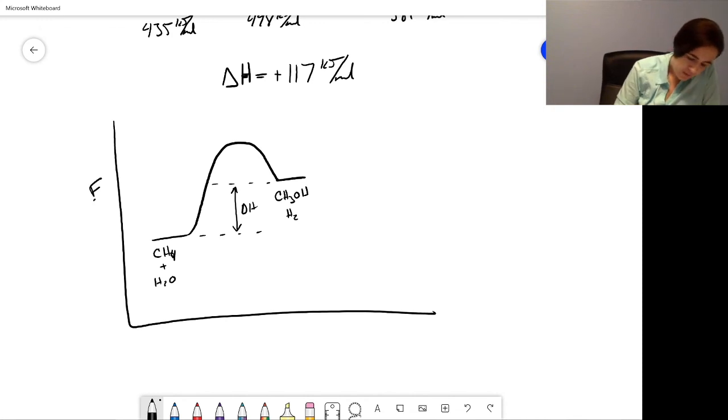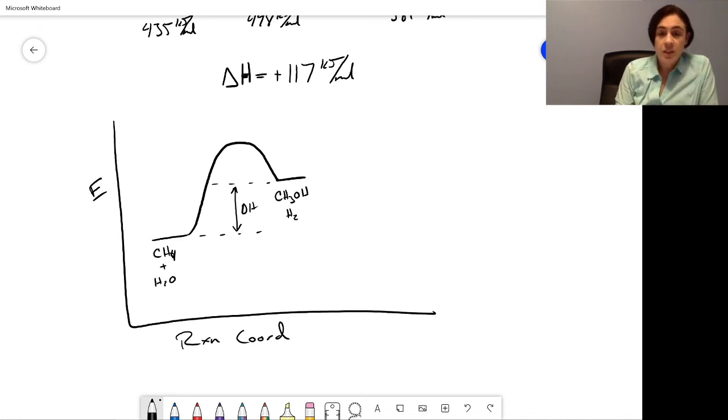So here, we would say that this is a non-spontaneous reaction. So these aren't just going to turn into methanol and hydrogen gas when you mix methane and water.